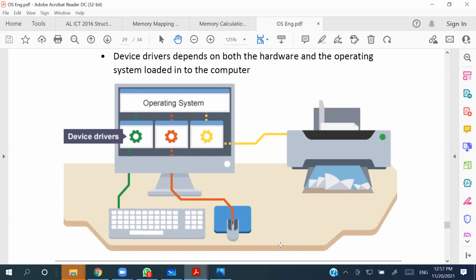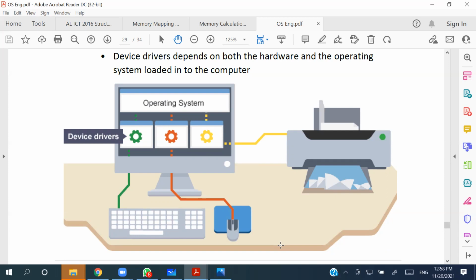Nowadays, most of the devices have become plug and play devices, right? Plug and play means we just plug or connect the device into the system, and with the help of the operating system or the device itself, it installs the device drivers into the computer.